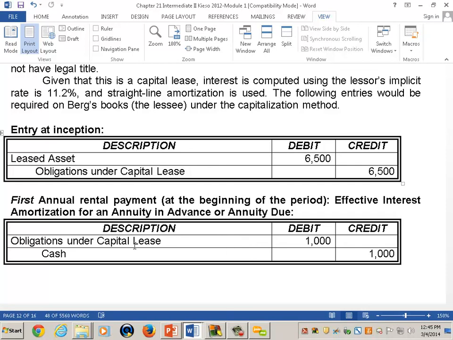Now, hopefully we're going to have time to go over the cash flow statement, but I'm going to bother you with cash flow all semester long. What do I do with that first entry? Cash flow statement, what happens here? Got to do something, nothing on the statement, but it's a disclosure. So this will be from the cash flow statement.